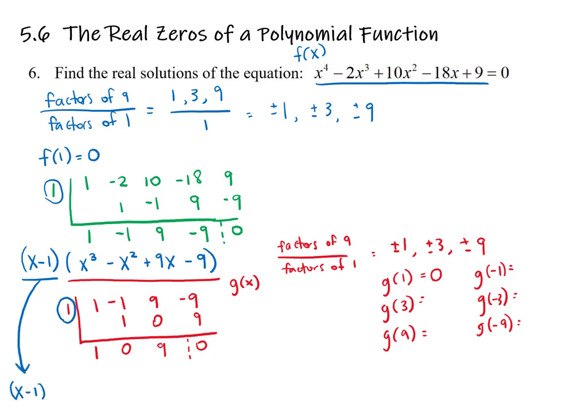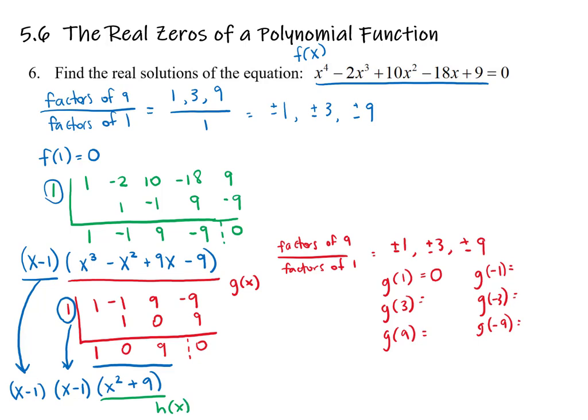Here's another real zero, which turns into another factor, another x minus 1. And then I have this portion here, the result of the synthetic division, and that's going to be x squared plus 9. And so we're going to call this one h of x. Our reduced polynomial will be h of x.